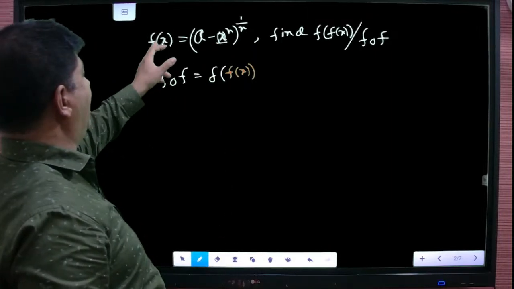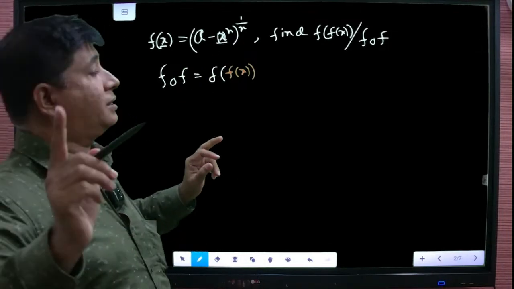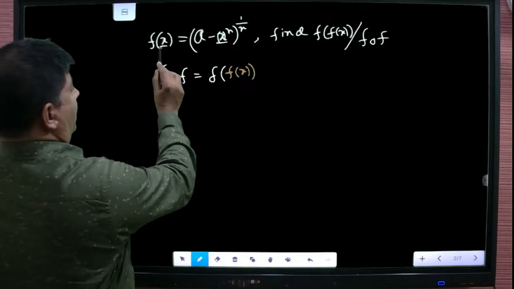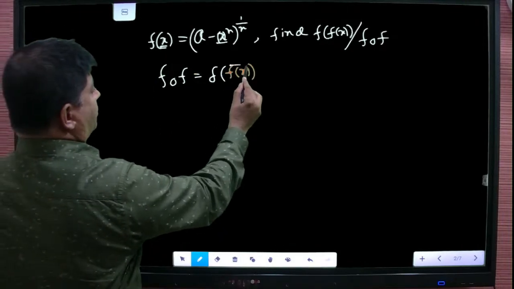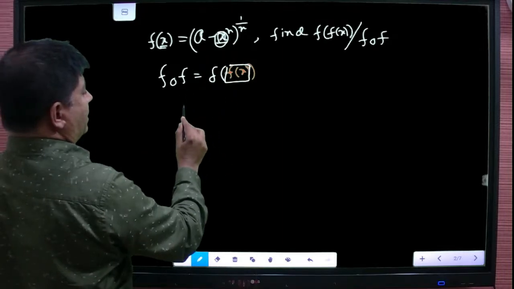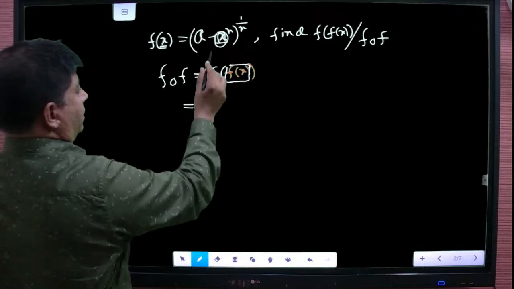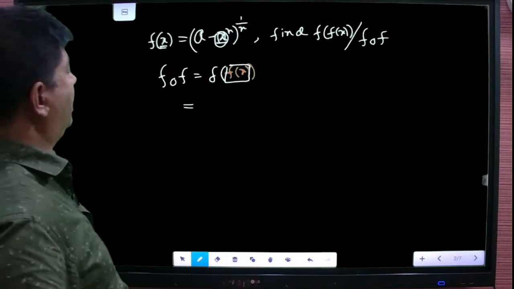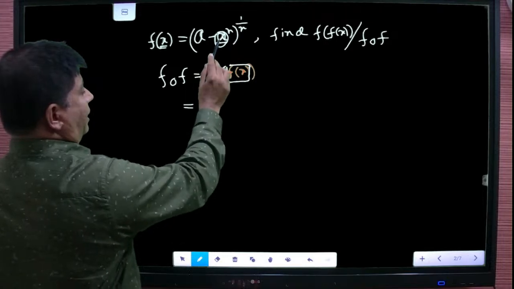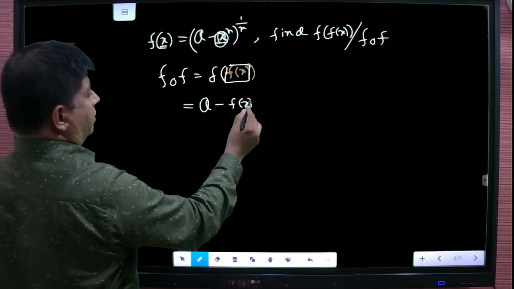Whatever value you want, if you put here, that x also be replaced by that number. तो यहां पे हम x के जगह में ये f(x) पुट कर दिया, तो ये x भी f(x) के साथ रिप्लेस हो जाएगा. हाँ देखो, that x also be replaced by f(x).